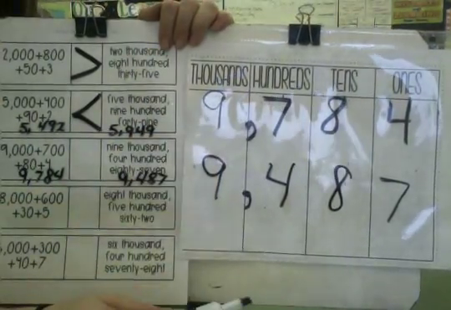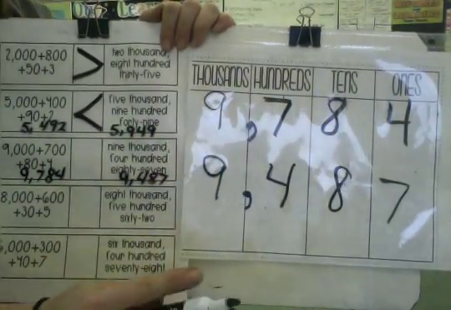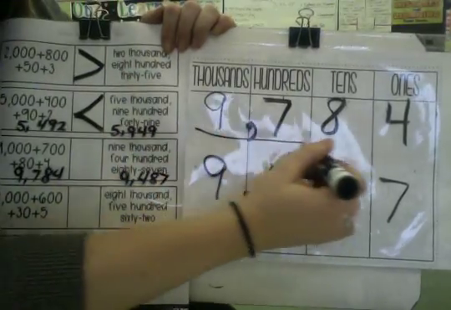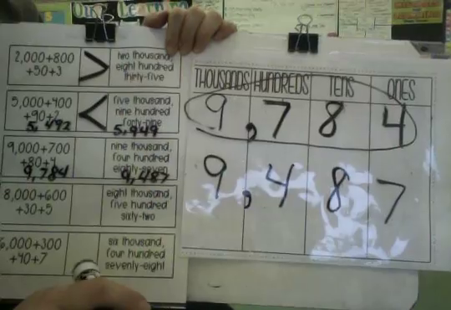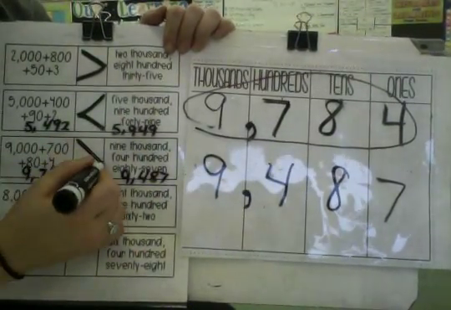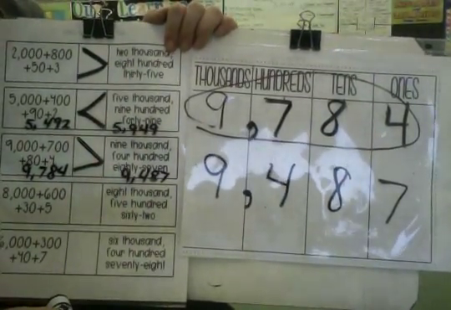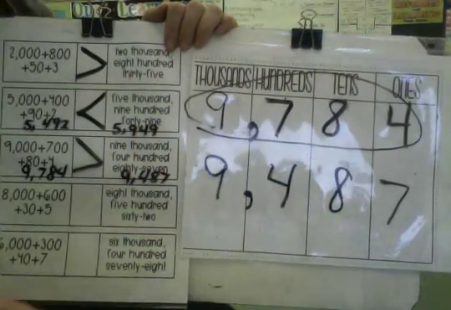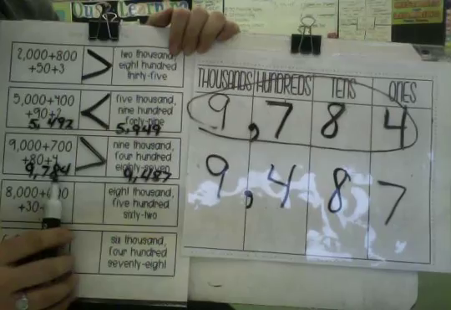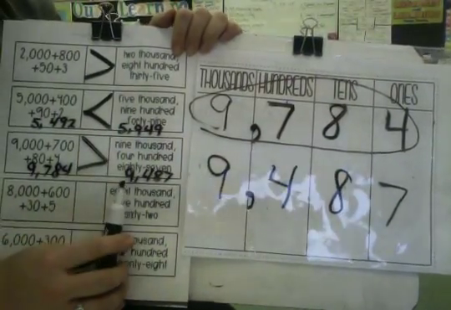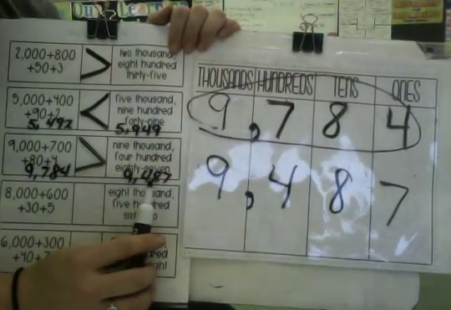So which number is larger? Yeah, 9,784 is the larger number. So let's make our alligator eat our larger number. Read from left to right, please. 9,784 is greater than 9,487.